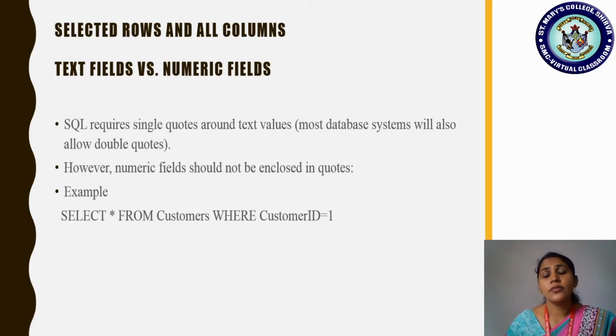The column CustomerID should hold which type of value? The digit 1. Whichever row has the CustomerID value 1 has to be displayed. And the asterisk symbol represents all the columns from the Customers table. So just refer to the example here.